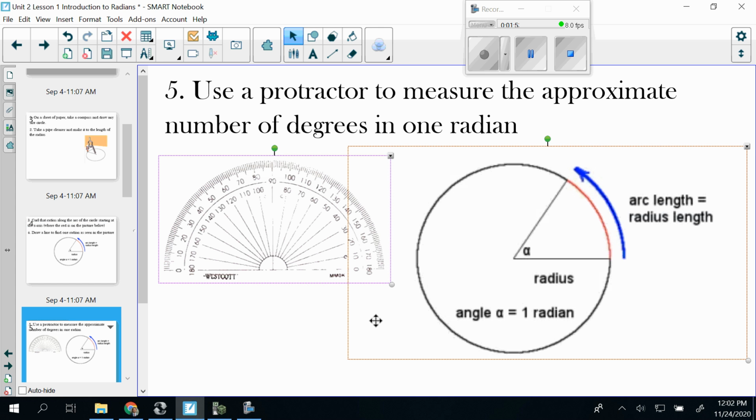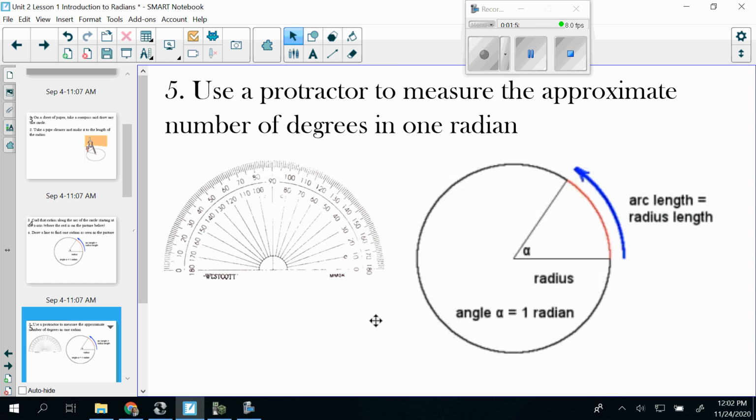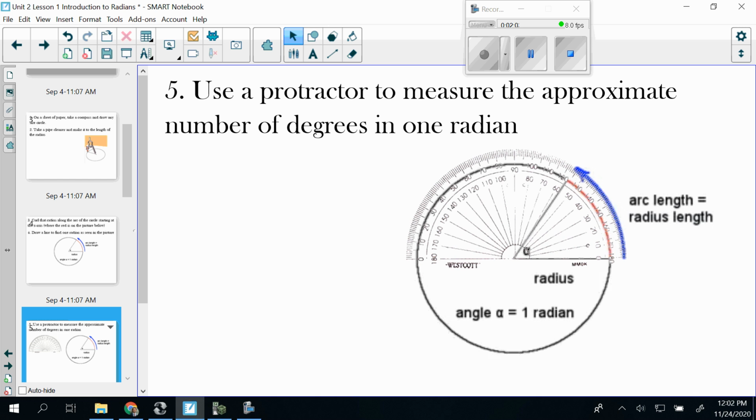Here I have one already done out. We're going to use a protractor to approximate the number of degrees in 1 radian. If I set up the center on the center of our circle, you can see that 1 radian here is not quite to 60 degrees.